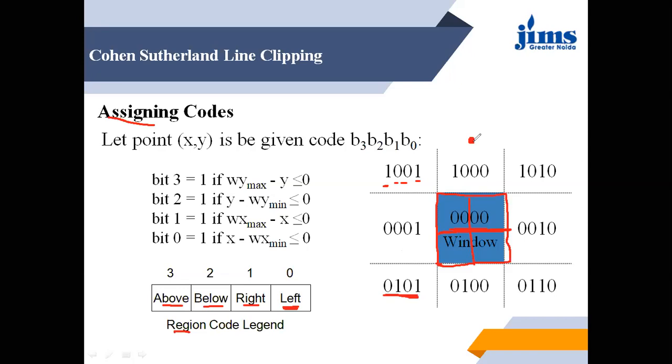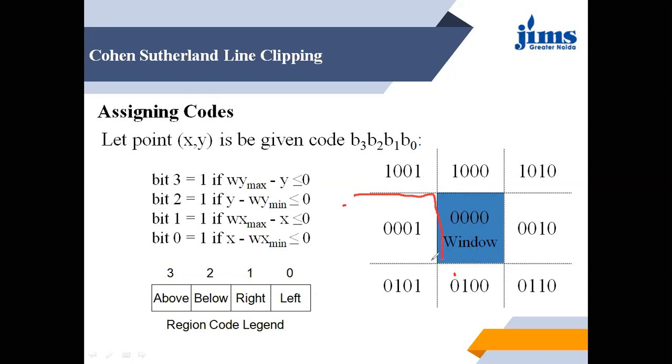Wherever the condition is true, we write that bit as 1, otherwise the bit is 0. You can see this from here, when I try to find out the region code of this one.